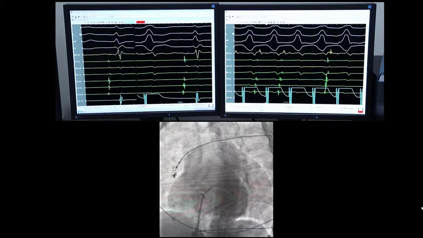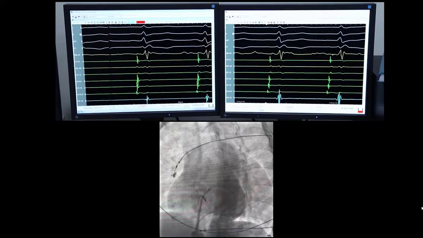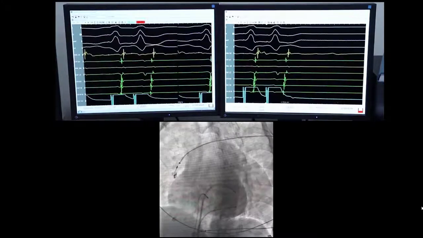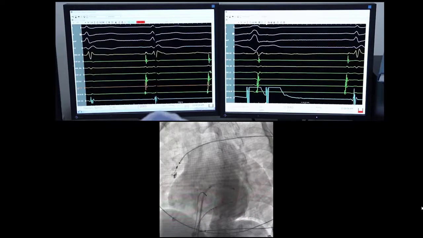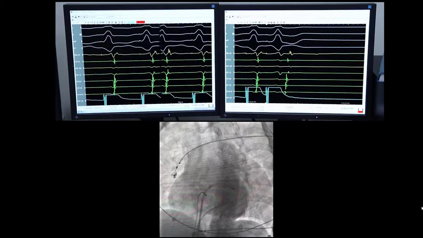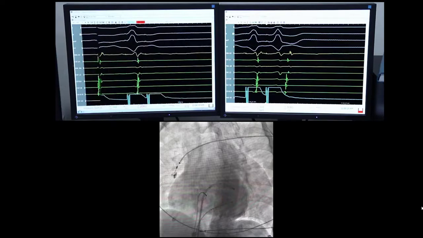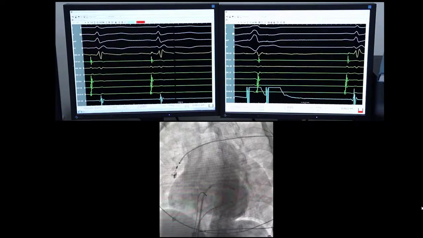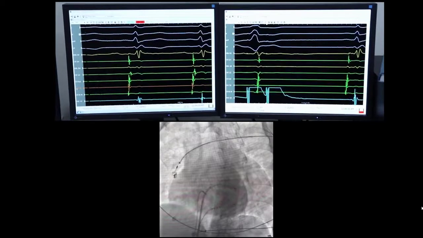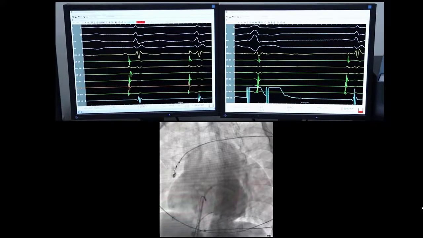Here the retrograde Wenckebach cycle length. Ventricular pacing, showing retrograde conduction via the AV node.